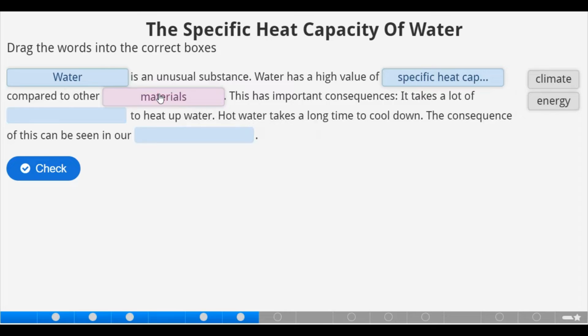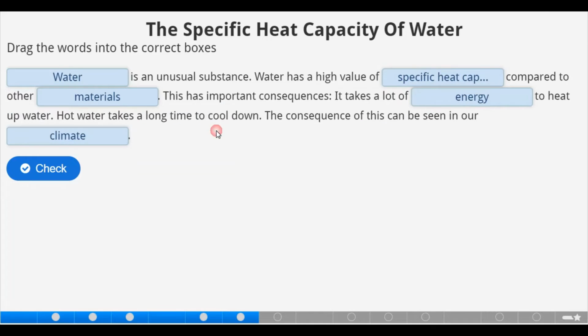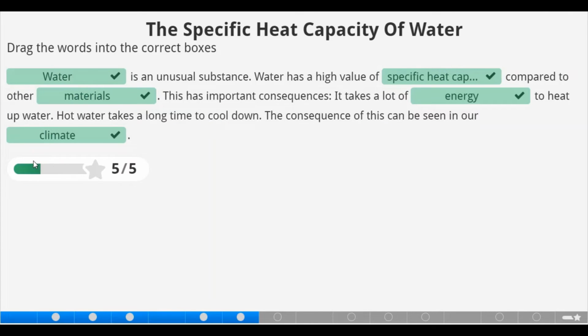This has important consequences. It takes a lot of energy to heat up water. Hot water takes a long time to cool down. The consequence of this can be seen in our climate. So we check. That's correct.